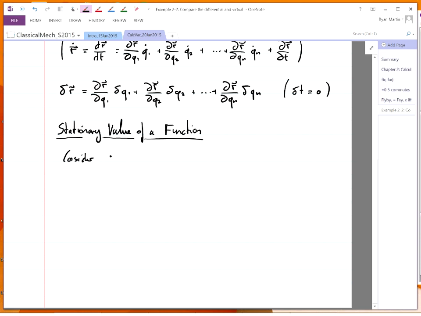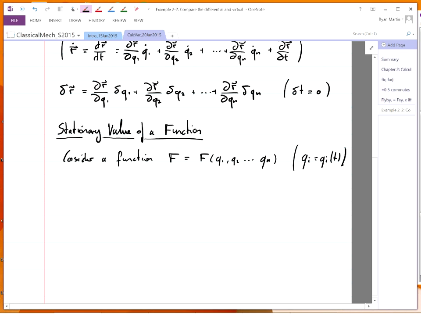So consider a function f, and let's say it depends on a bunch of variables which we'll call q1, q2, all the way up to qn. And so we mean that the qi's are maybe functions of t or x. Either way, the q's are functions of the independent variable.